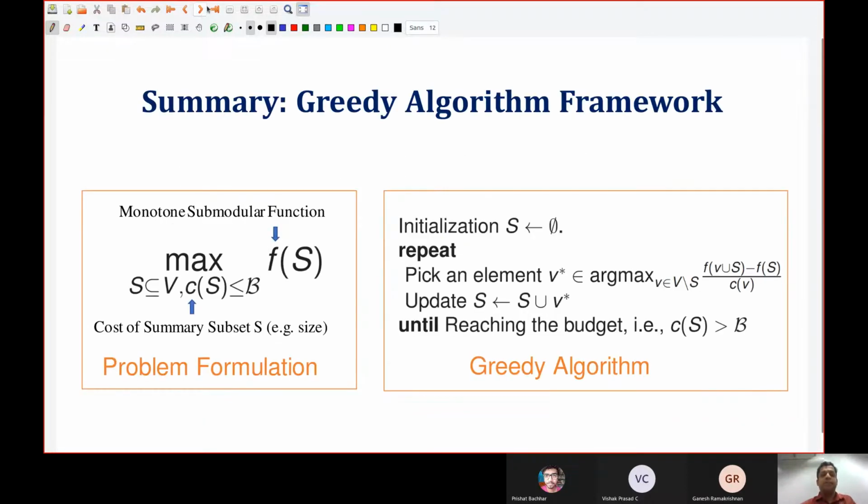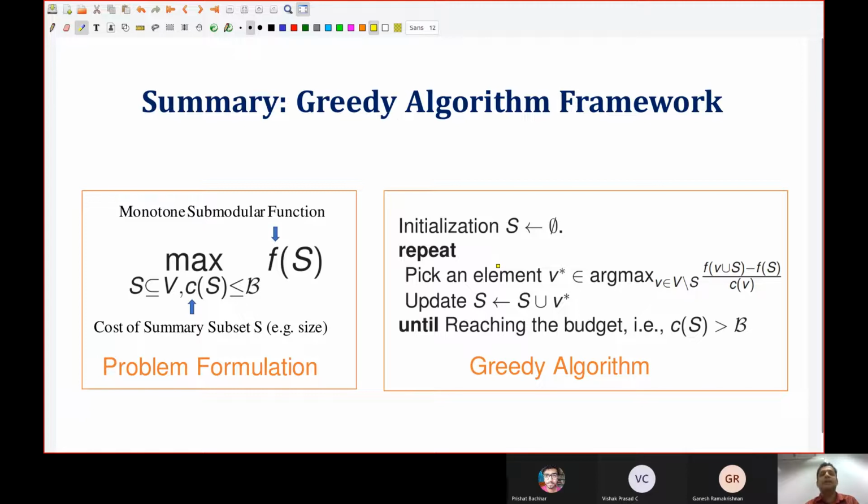So in the last class I summarized this greedy algorithm framework for maximizing a submodular function subject to some constraint. It could be a cost constraint, or a cardinality constraint. And this was a greedy algorithm.